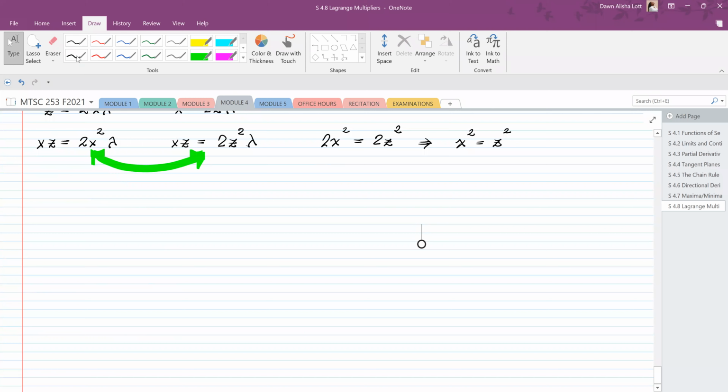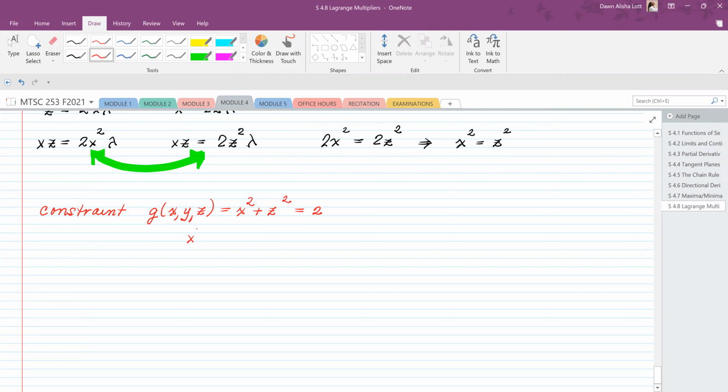Okay. So now the constraint g of x, y, z is x squared plus y squared plus z squared equals 2.